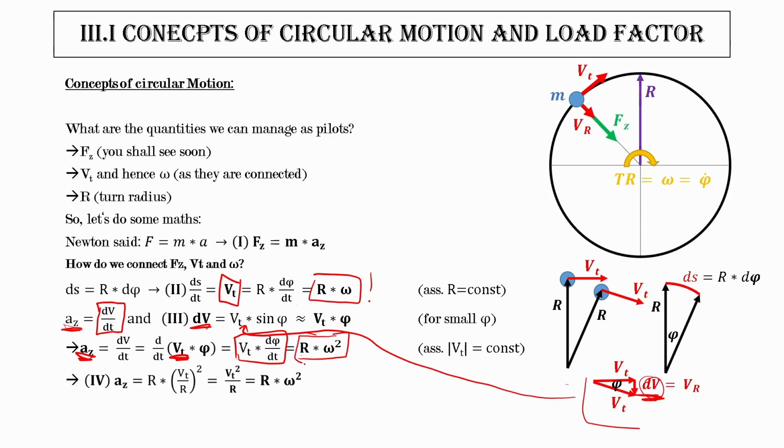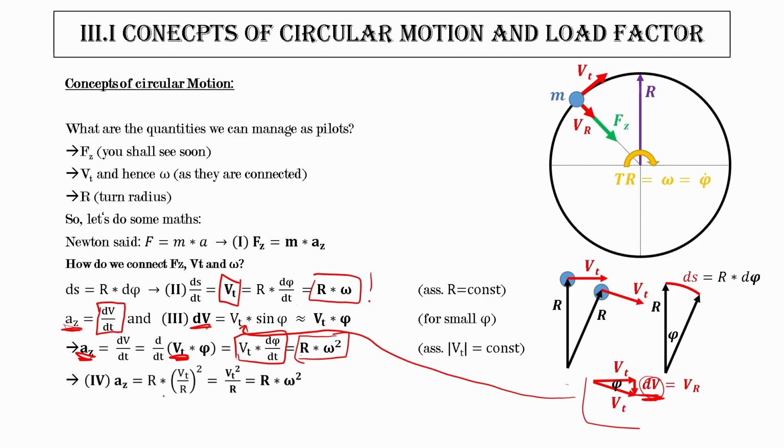So looking at the acceleration, and then obviously the acceleration is directly connected to our centripetal force, we have a quadratic relationship between turn rate and acceleration, and a linear relationship between acceleration and radius.